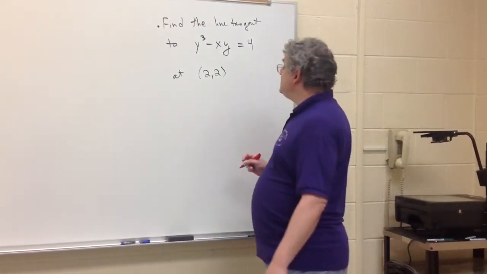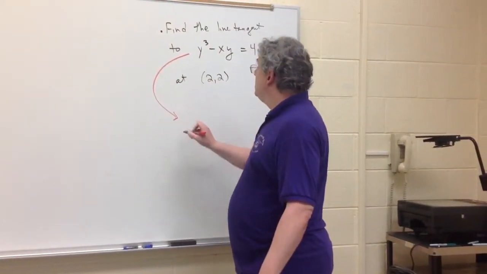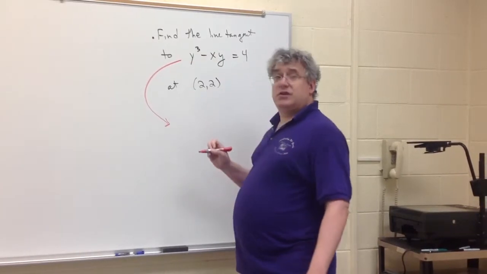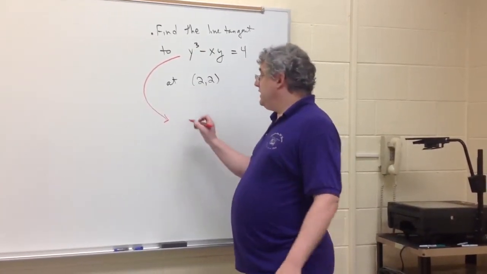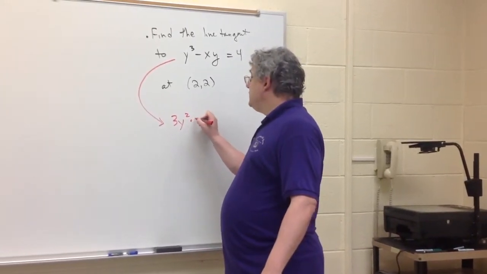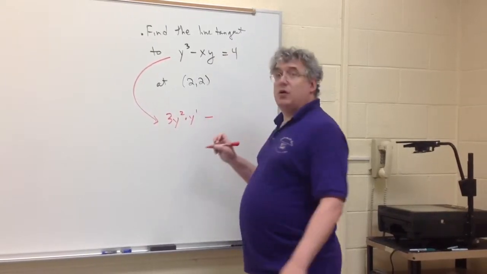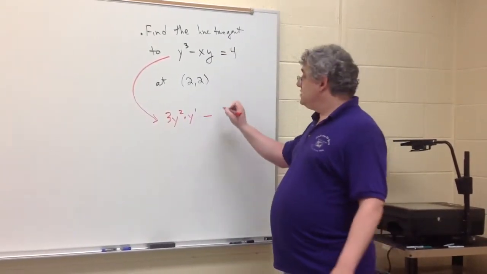Okay, hopefully it made sense, but let's do it. I'm going to take the derivatives. The derivative of y cubed, remembering what we just did, it's going to be 3y squared, just like for x's, but then times y prime, minus, now the derivative of xy, hopefully you realize that's a product, so I need a parentheses.